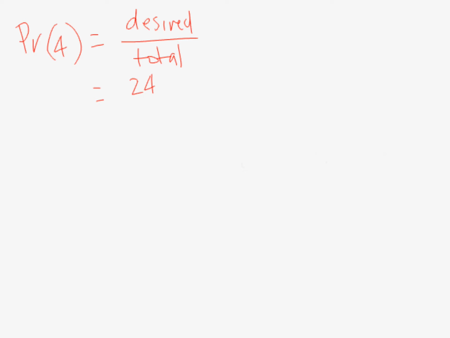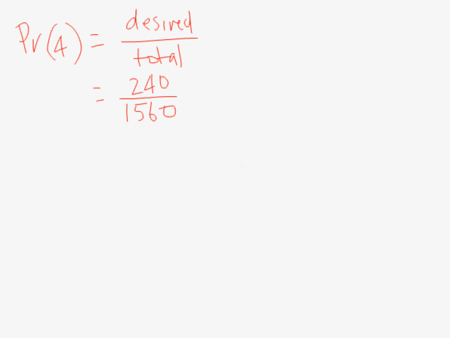So here we're going to go probability of something from batch 4 is going to be the desired outcomes over the total, and in this case it's going to be 240 over 1,560.